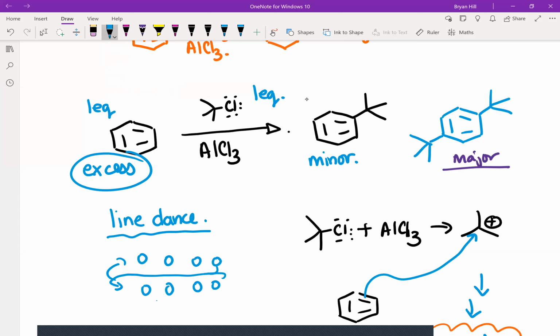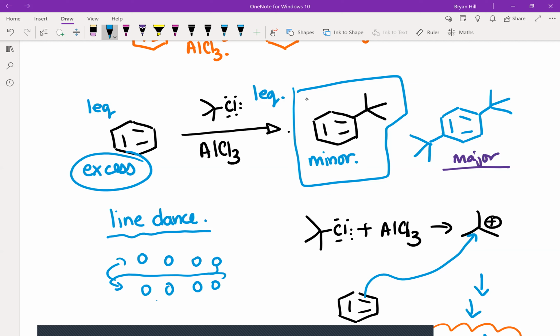So if you want this to be the major product, you just use a massive excess of benzene and one equivalent of, so your limiting reagent becomes your tert-butyl chloride, and any excess benzene, the non-alkylated stuff, you're going to recycle it. So that's basically how it works.